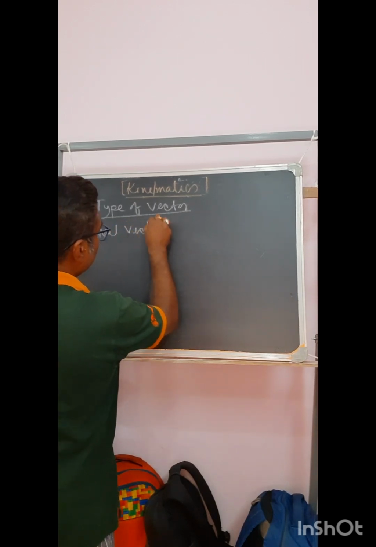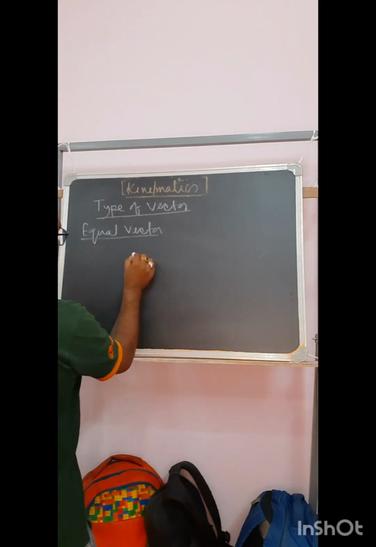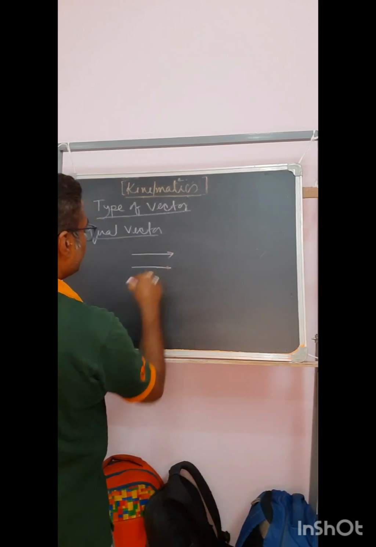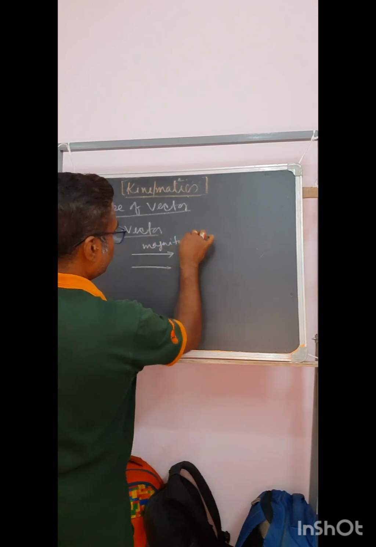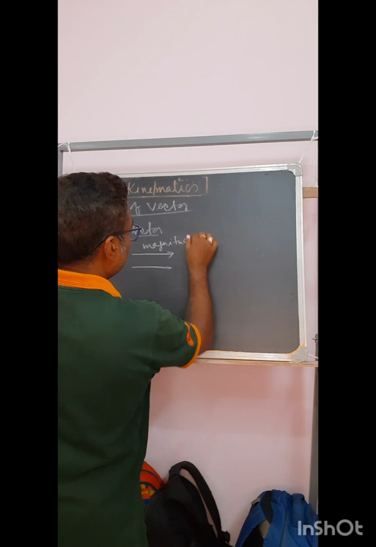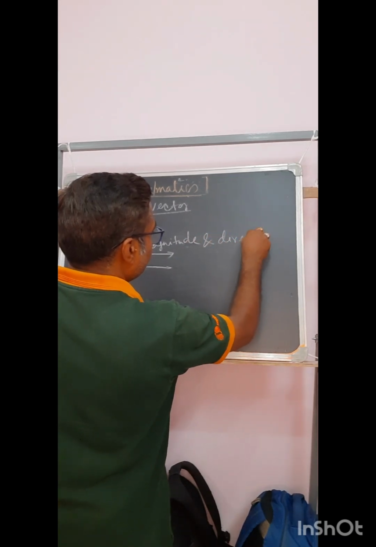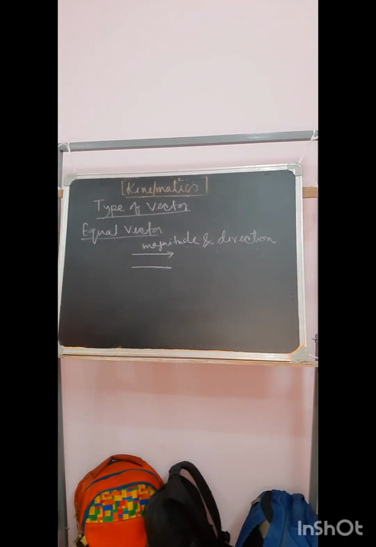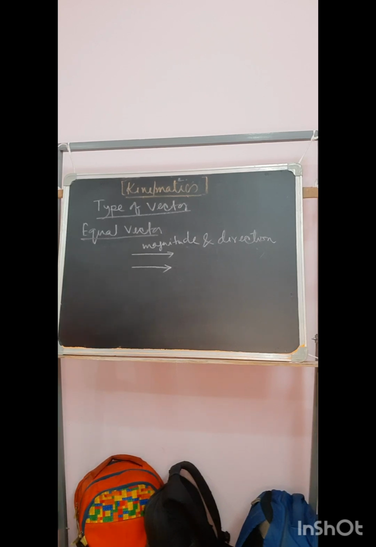vector. Now, if two vectors are such that they are equal in magnitude and direction, then they must be said to be equal vectors.